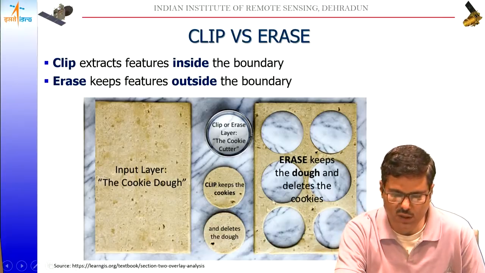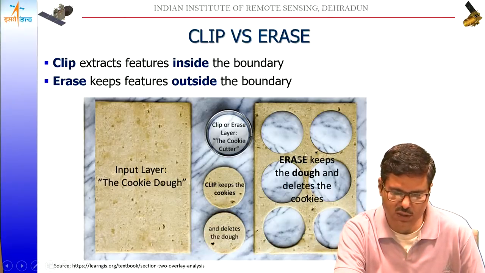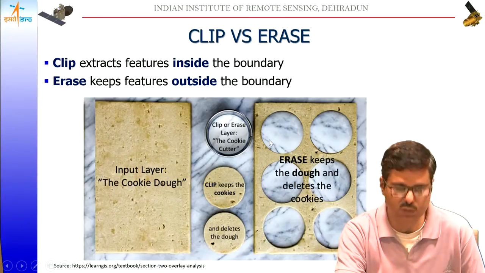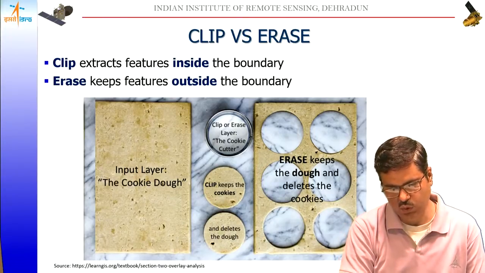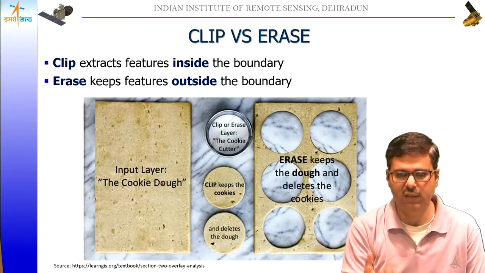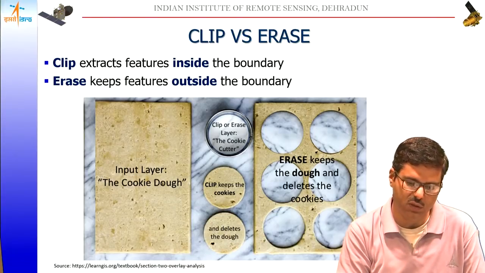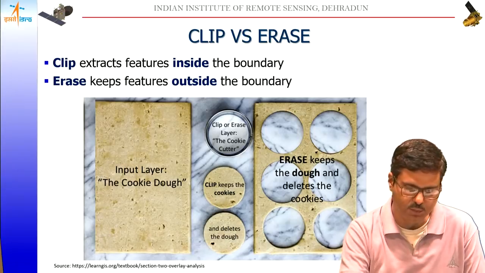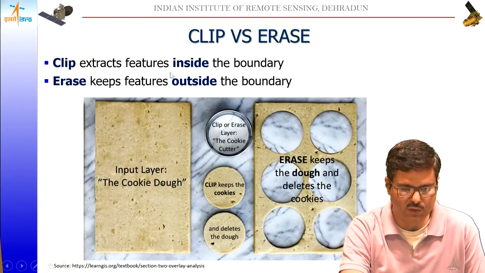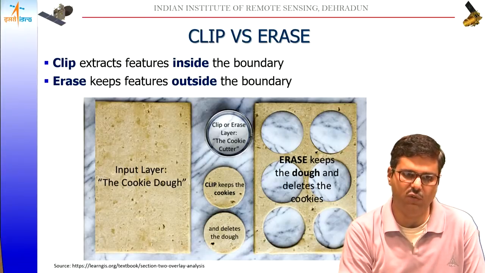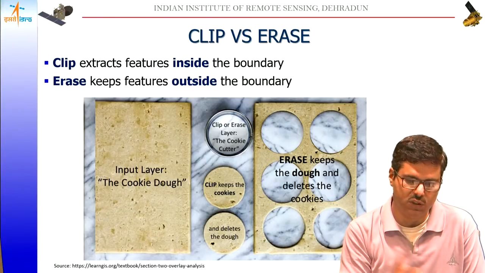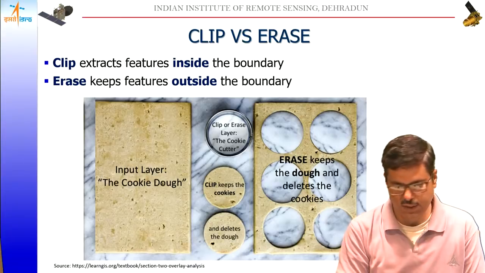But in the case of an erase, it removes that portion, and I get the output as the whole dough with that portion removed. So erase keeps the dough, however deletes the cookie portion. That is the difference between the clip and the erase. Clip extracts features inside the boundary, so we'll get only whatever is inside the boundaries. However, erase keeps features which are outside the boundary and removes what is inside.